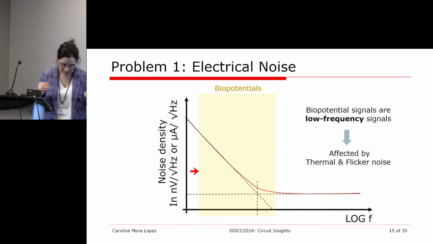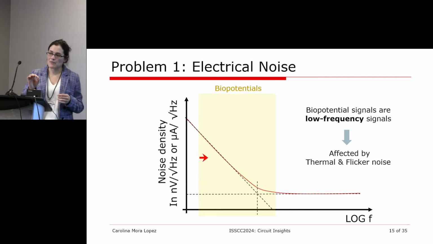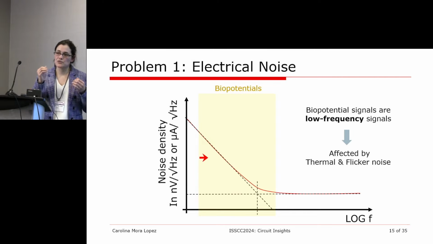So biopotential signals will always be affected by the two types of noise, and when you design a biopotential amplifier, it is very important that you minimize or mitigate both types of noise.